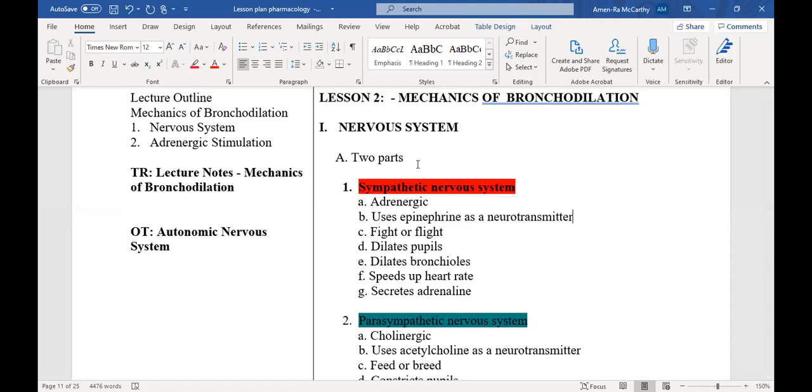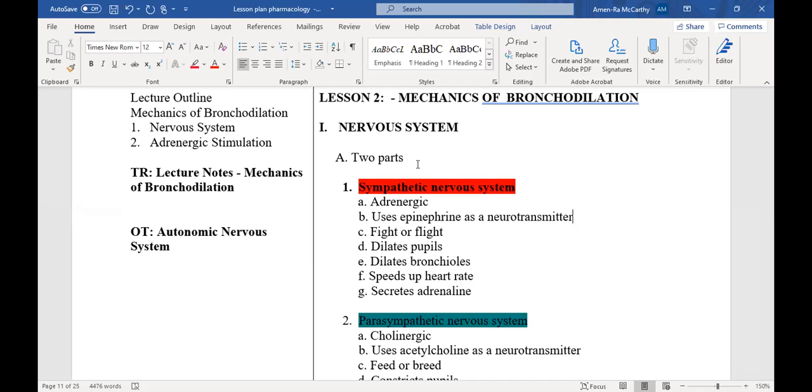So same thing with the sympathetic nervous system. Sympathetic, so I need to write this down. Sympathetic, AKA adrenergic, AKA sympathomimetic, all right?